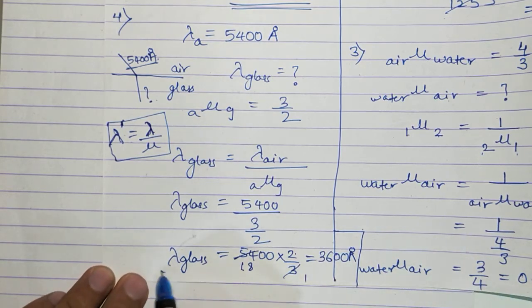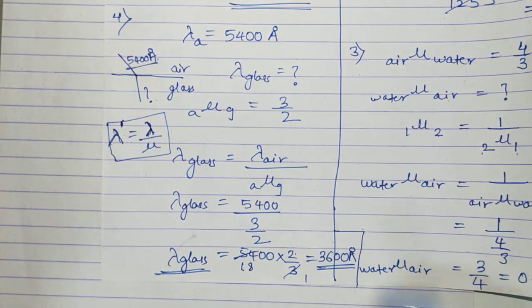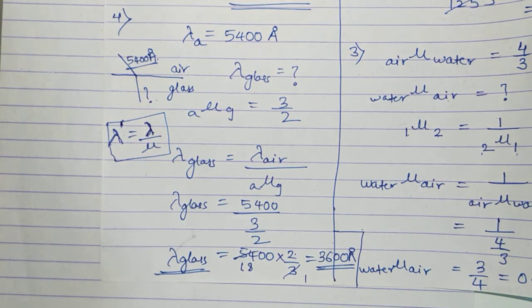So your answer for the wavelength in glass is 3600 angstrom. With this we complete the numericals based on part A.